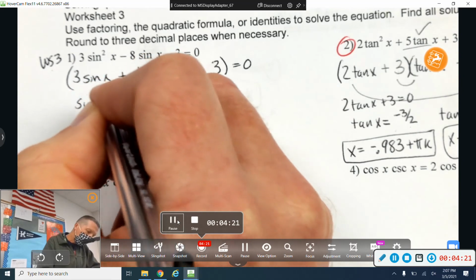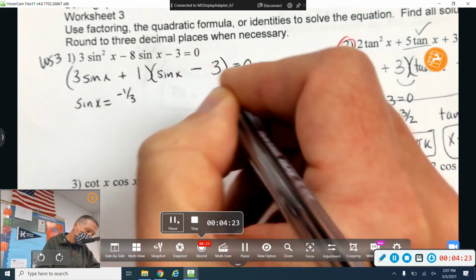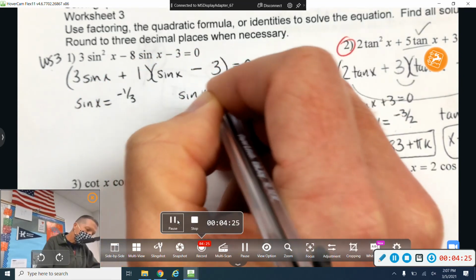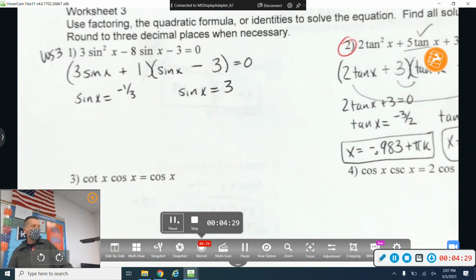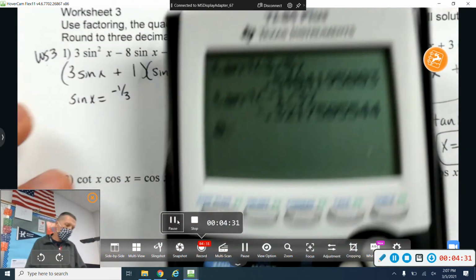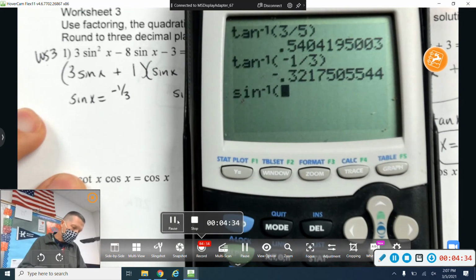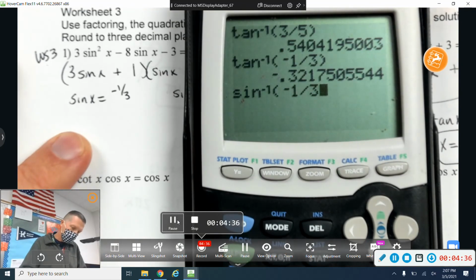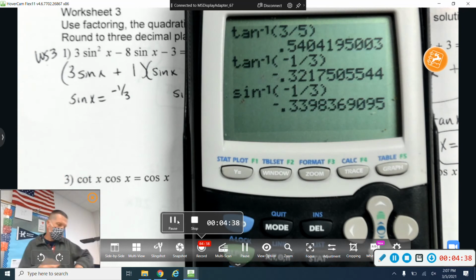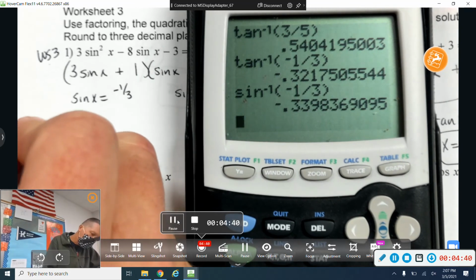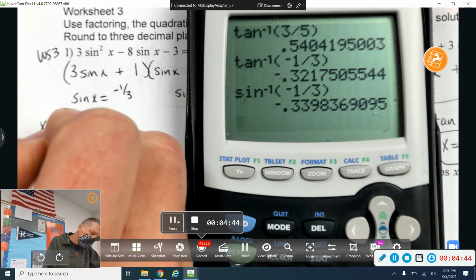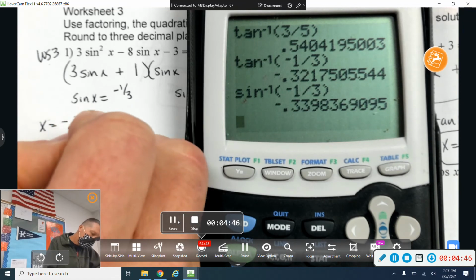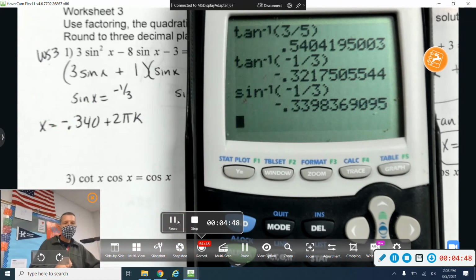So sine of x equals negative 1/3, and sine of x equals 3. Neither of those look like unit circle values. So inverse sine of negative 1/3 is negative 0.340 plus 2 pi k.